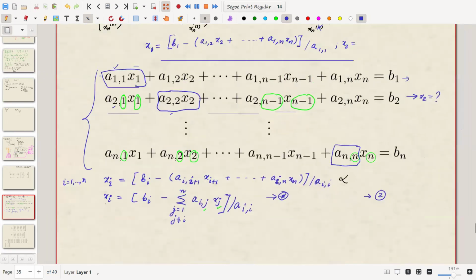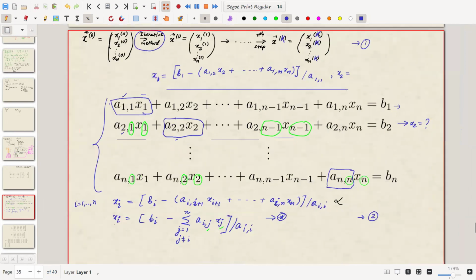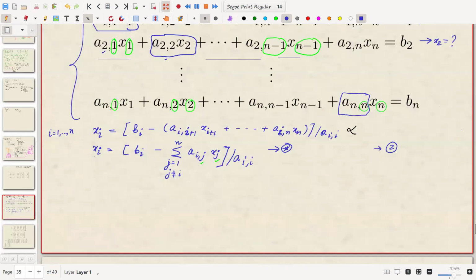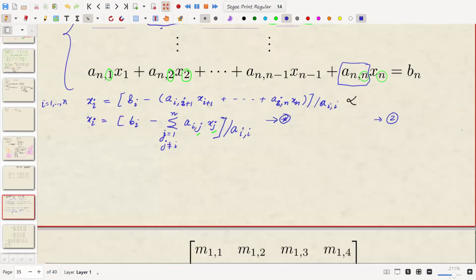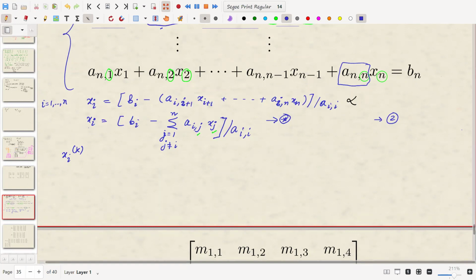Now I also told you that your numerical scheme is: we start with an initial guess, that is x0, then apply an iterative method and get x1, the first iterate, then the second iterate, and so on till you converge. That's the idea. Now how can we use this? Just remind yourself, how about I write it like this? xi^k means the value of xi at the kth iteration.